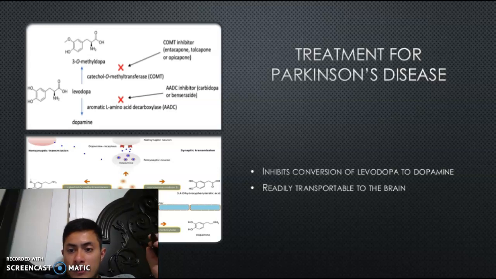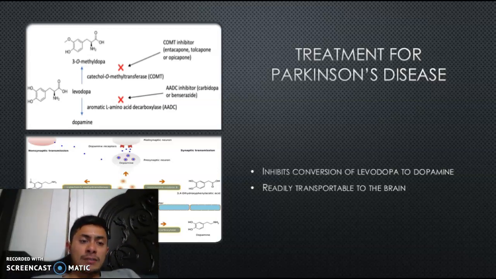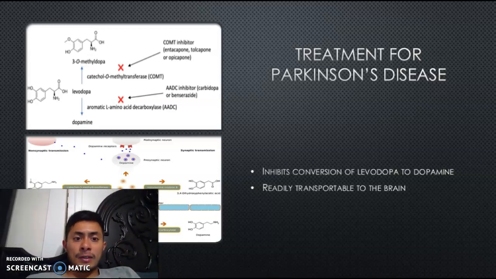The L-dopa is then converted into dopamine, and it can be used for dopamine receptors and distributed from there in the brain. So again, it stops the conversion elsewhere, so the L-dopa can be readily transported to the brain.